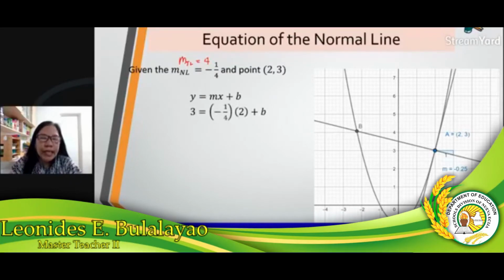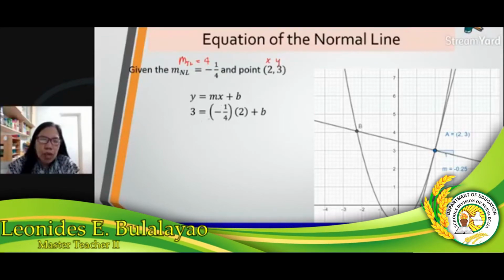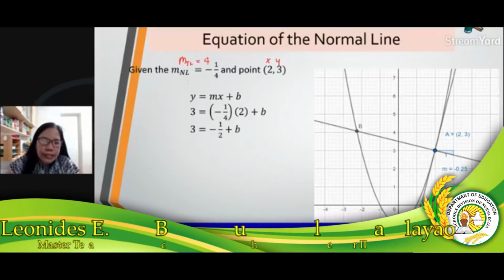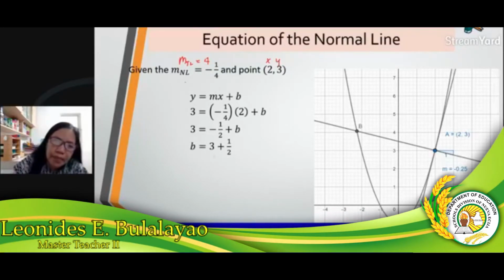So using again the slope-intercept form, we have to plug in the x, the y, and the slope. So 3 equals negative 1/4, the slope, times x, which is 2, plus b. So we have 3 equals negative 1/2 plus b. So we have 3 plus 1/2, and that is 7/2.